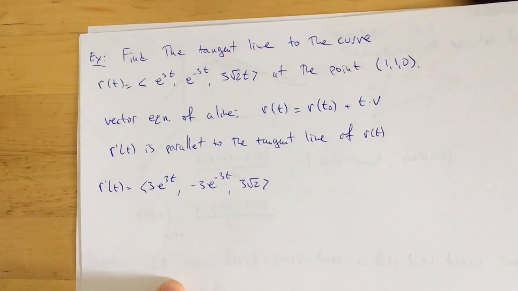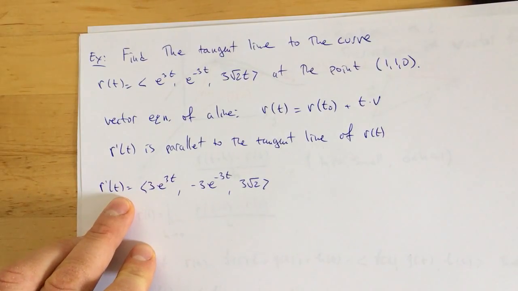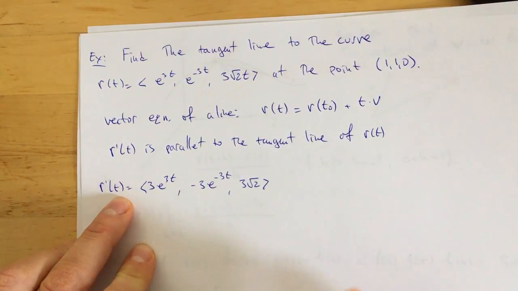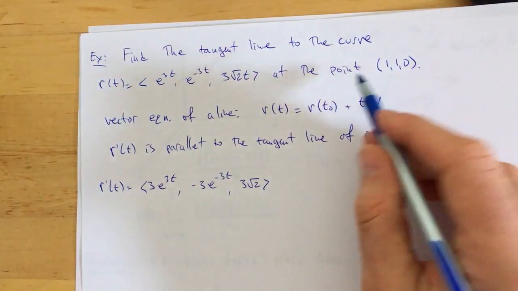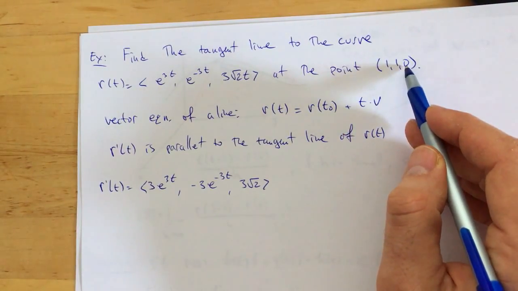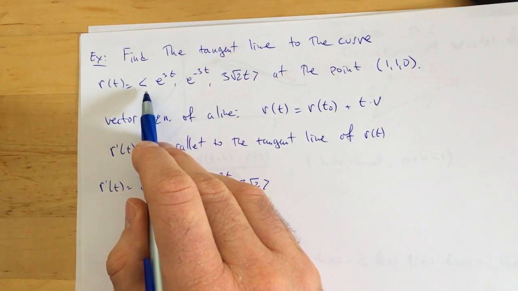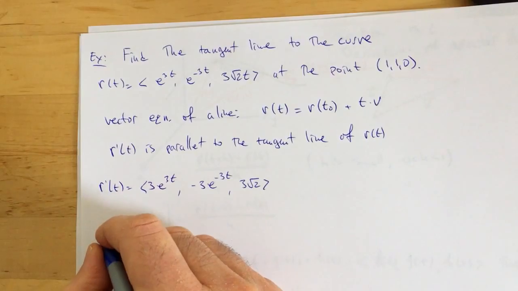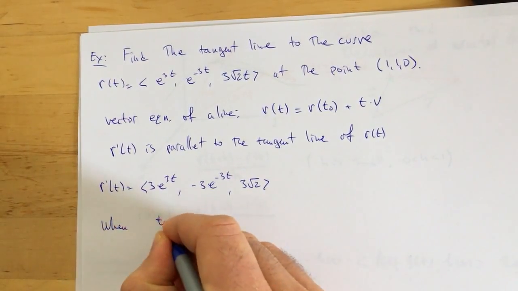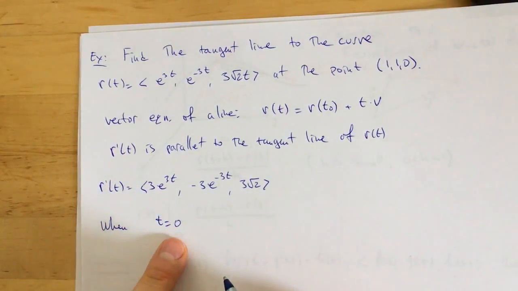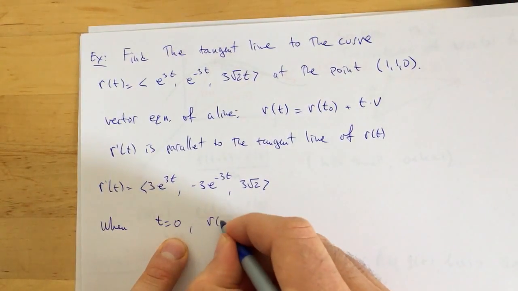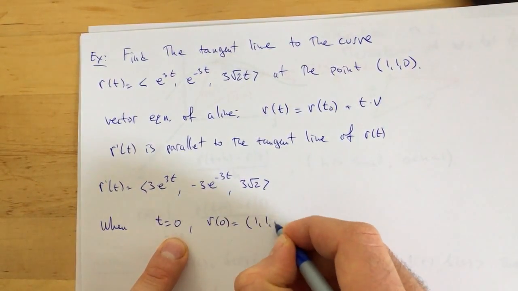The second thing is that we have to evaluate how much this vector is at the particular point. But what point are we talking about? The question says at the point (1, 1, 0). So we have to determine for what parameter t we get this point on this curve. Just by observation, we can conclude that when t is equal to 0, r of 0 gives us the point (1, 1, 0).